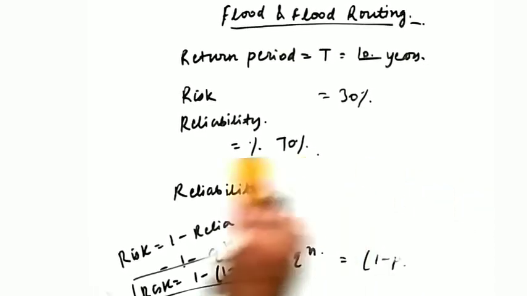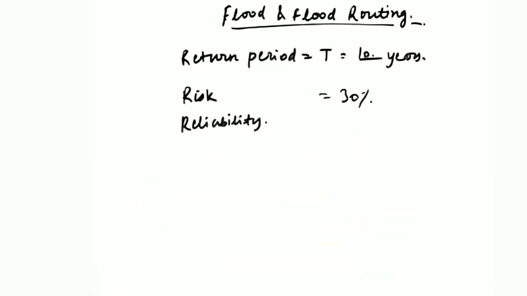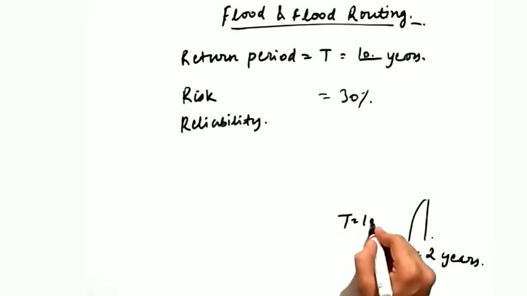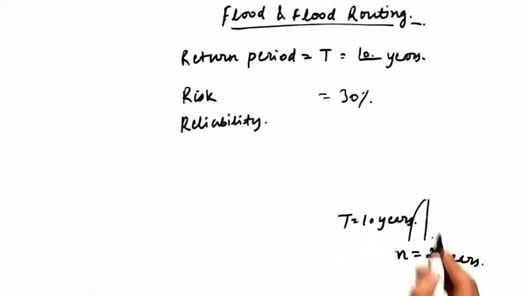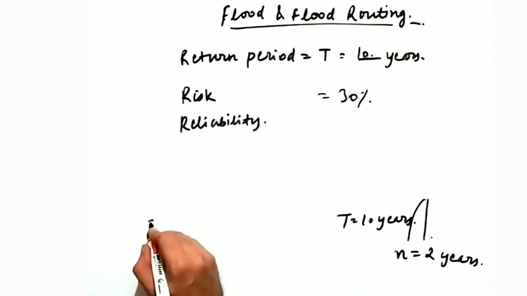Let us take an example. Suppose I designed a structure, a spillway, for a life of 2 years, and there is a flood that has a return period of 10 years. Now if I ask you what is the reliability that this structure will be sustained in these 2 years, you know how to calculate it.